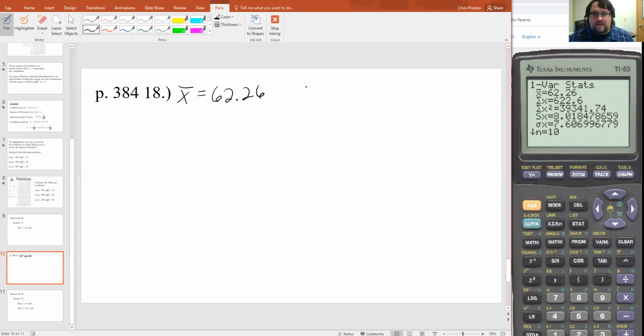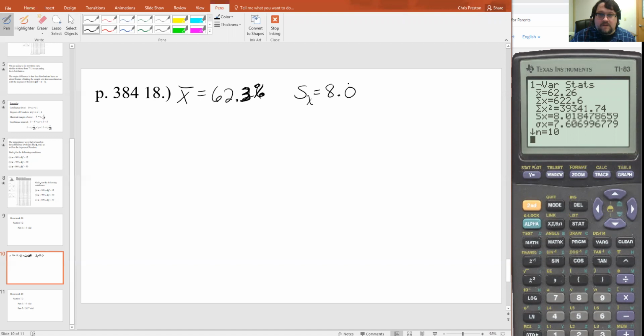My standard deviation, that's what this is, S sub X, 8.0. What do they say? 8.0 is what they say. Okay, so they round this to 3, and these are percents.